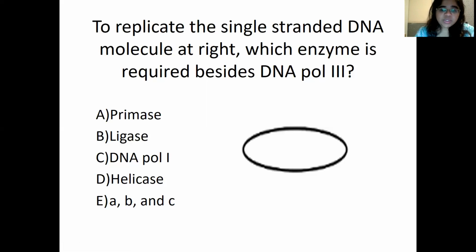DNA polymerase 1 is typically to help out with removing the primers, adding more nucleotides, that kind of thing. But since it's single-stranded, you just need DNA polymerase 3 for that. And it also has exonuclease activity, so it can actually remove the primer if needed. So those three are out.